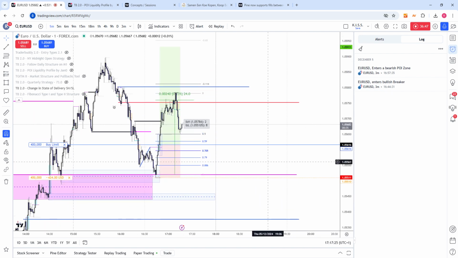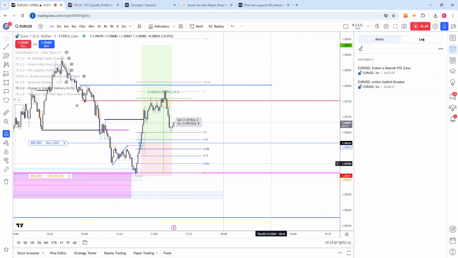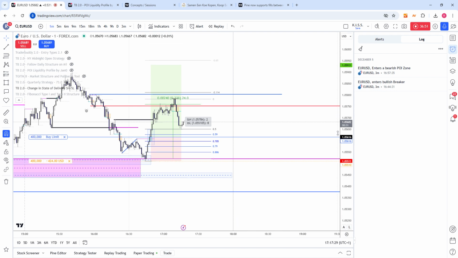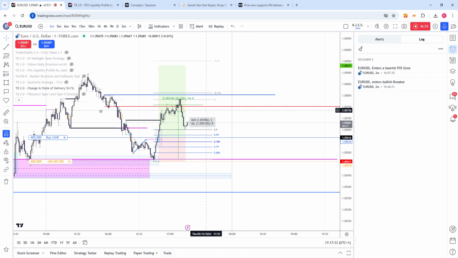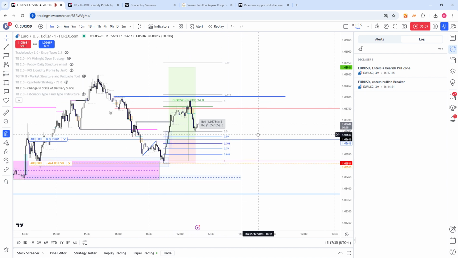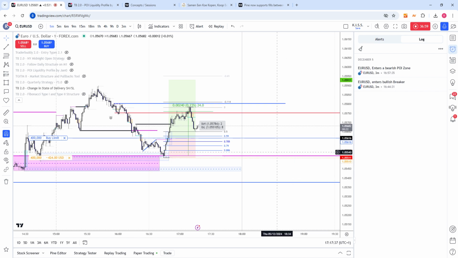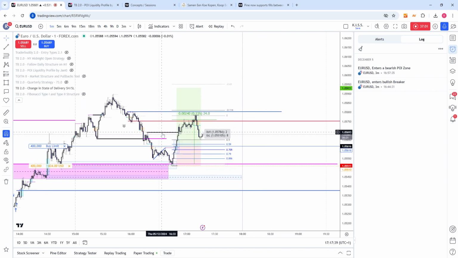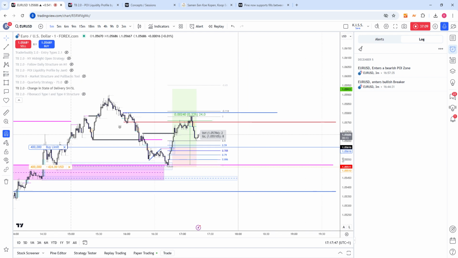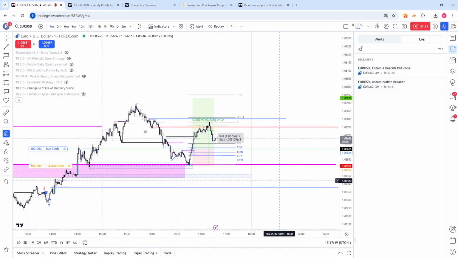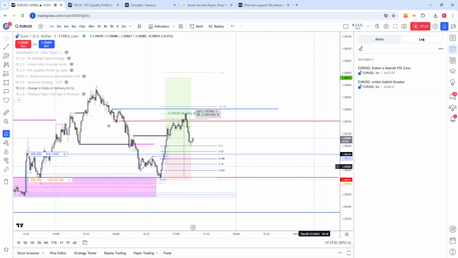But then again, you have to enter the market every once in a while, and all you can do is add up confluences, and if you got enough confluences, then it's worth taking the risk. And then again, you cannot win all the trades, and you don't have to.